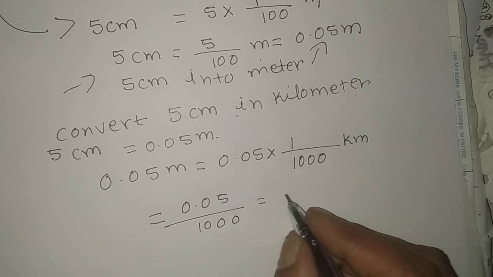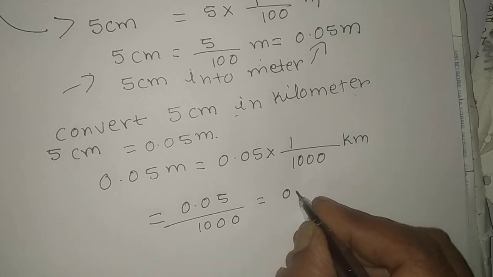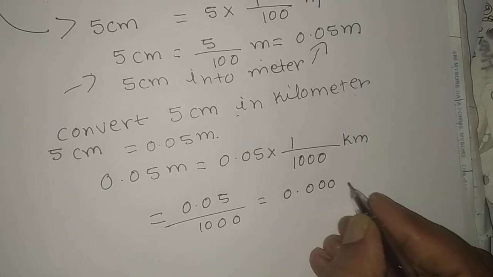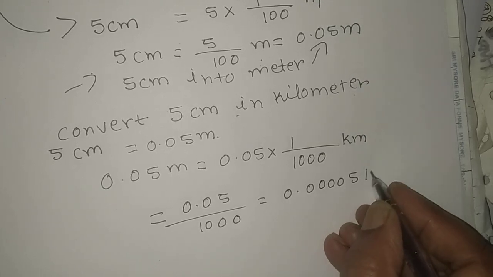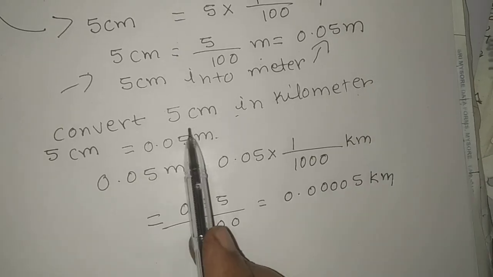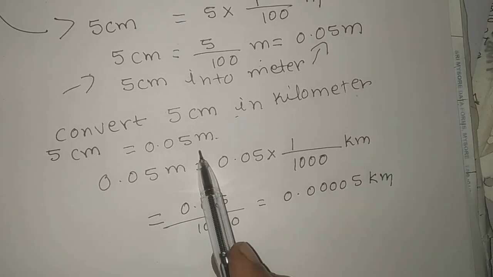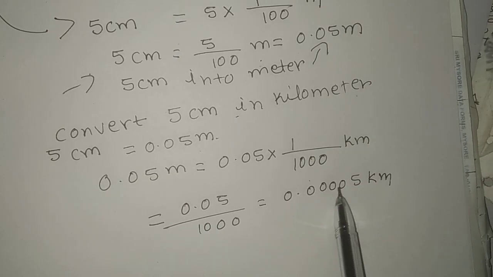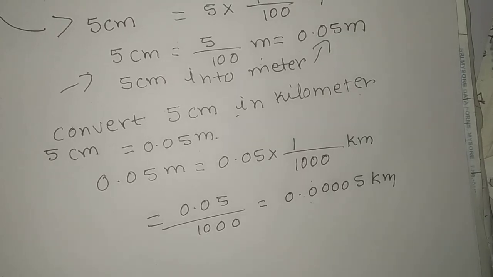Therefore, this one is 0.00005 kilometers. So 0.05 meters is equal to 0.00005 kilometers.